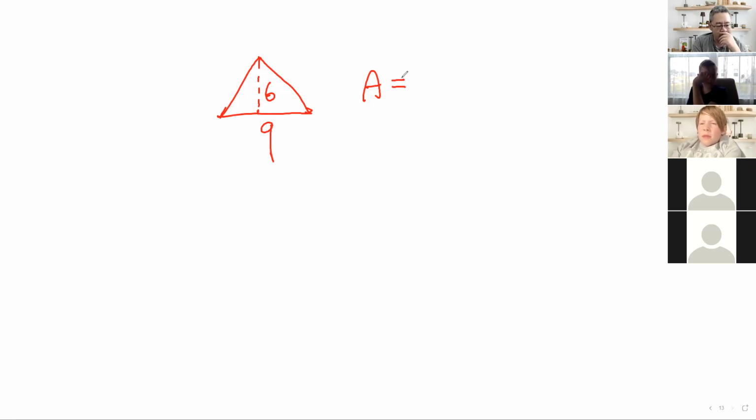Good job, Mason. Good job, Raji. Don't forget the half, because the triangle is half of a parallelogram.